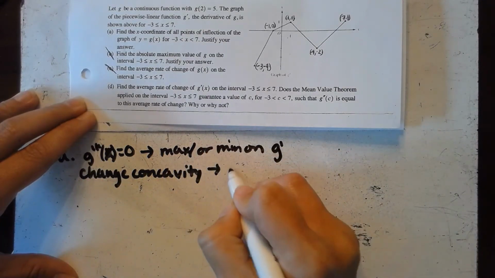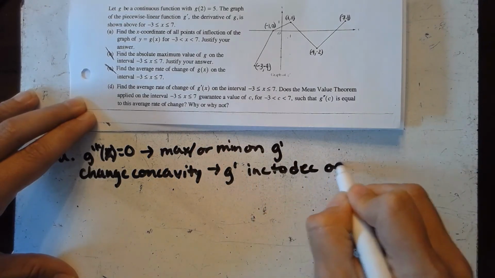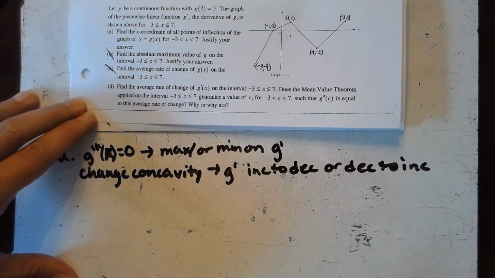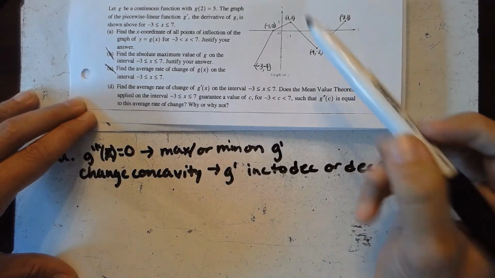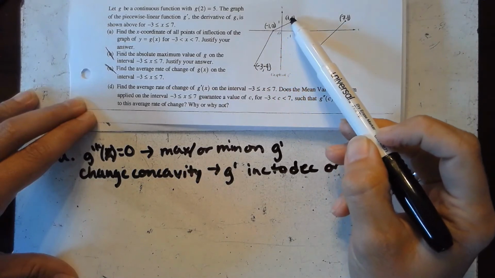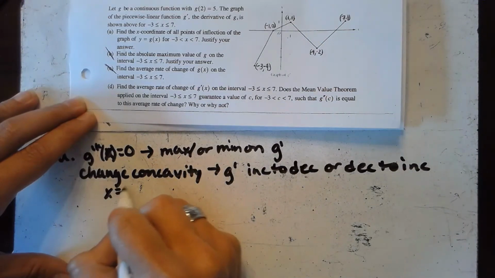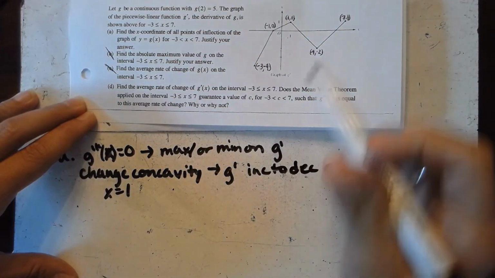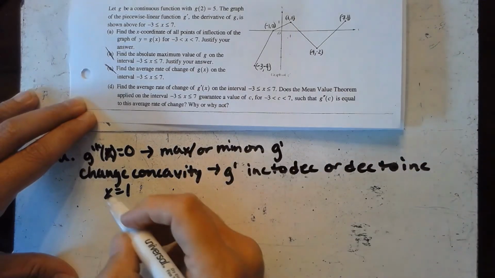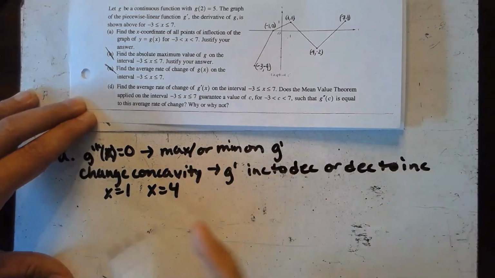That means on G prime, it goes from increasing to decreasing, or decreasing to increasing. And again, this is all part of your justification. You're just writing out what you're thinking in your head. So here this is increasing, but then it changes to decreasing. So right here, and it just asks us for the x-coordinate, that is x equals 1. And then it goes decreasing to increasing, and look, it's a relative min at x equals 4. And again, that's my justification.